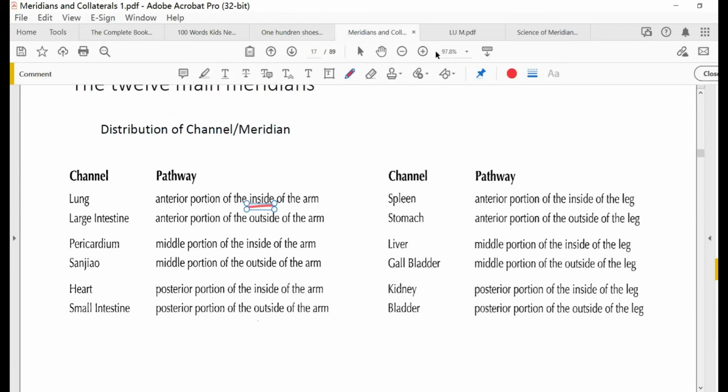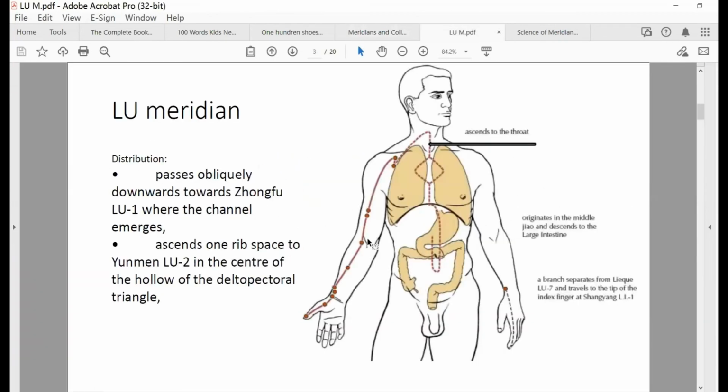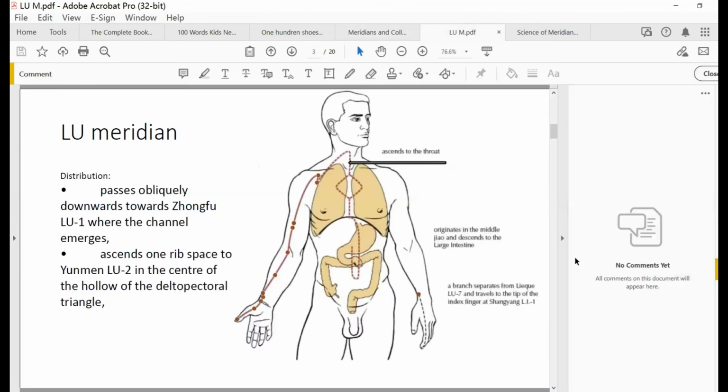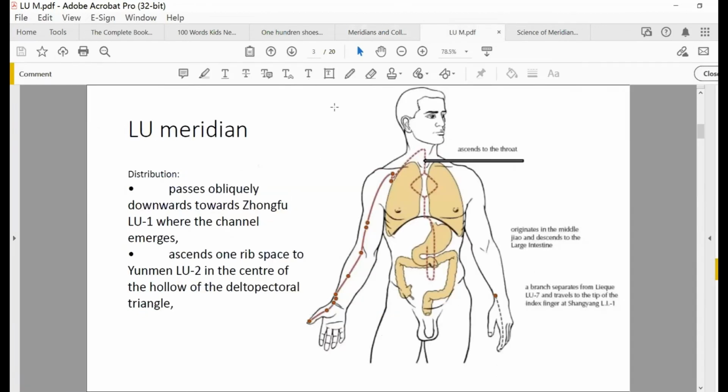Pictures. See, lung meridian. Okay. So that's the lung meridian. From here.